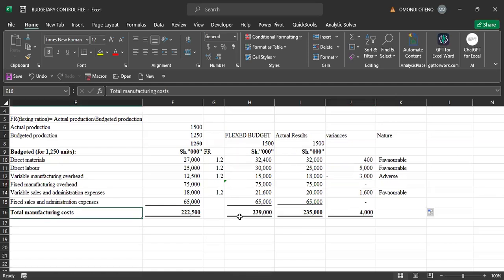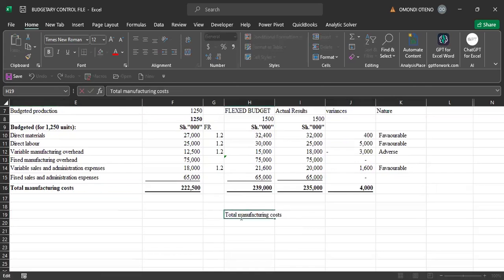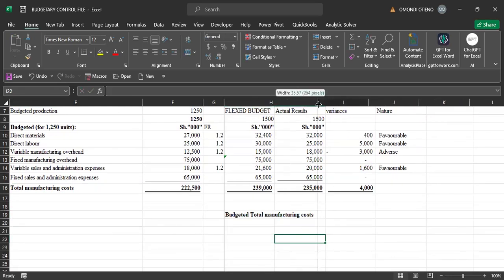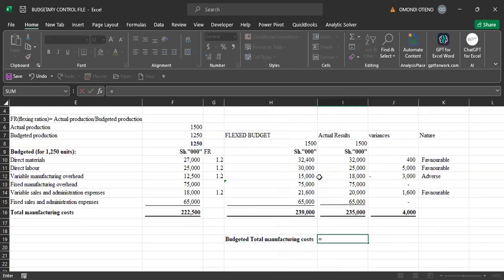For you to reconcile this, we have the budgeted total manufacturing cost, which is equal to this amount here, 239,235. The flexed budget is the total cost.